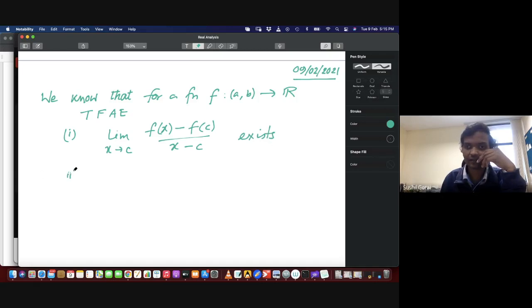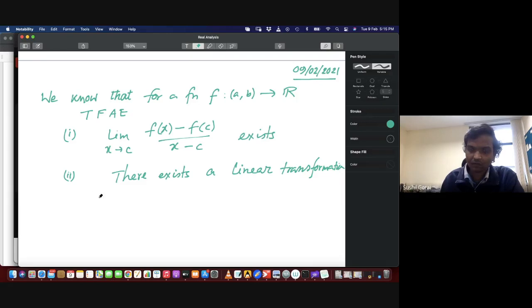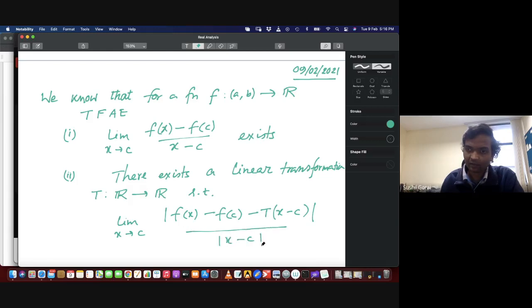Second thing is there exists a linear transformation T from R to R such that the limit as x tends to c of mod of (f(x) minus f(c) minus T(x minus c)) by mod of (x minus c) equals 0.